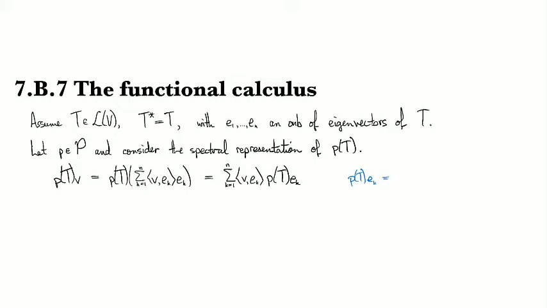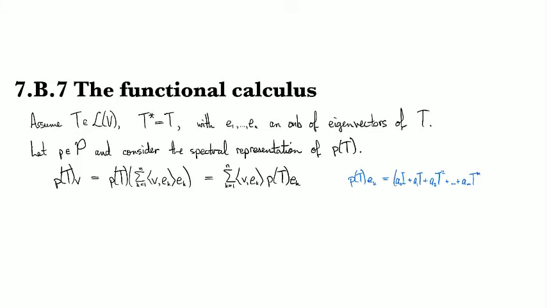Well, P of T looks like some constant term plus some linear term plus some quadratic term, and so on, up to some power, let's say m. And this is all being applied to EK.